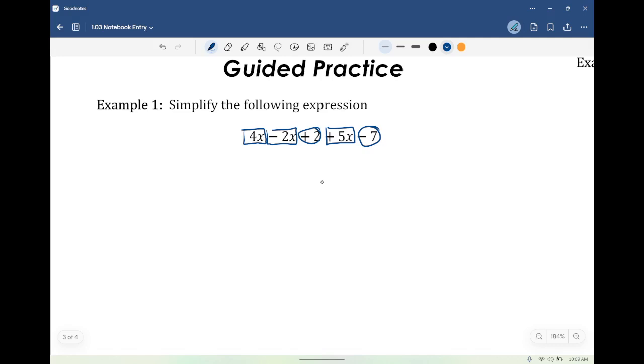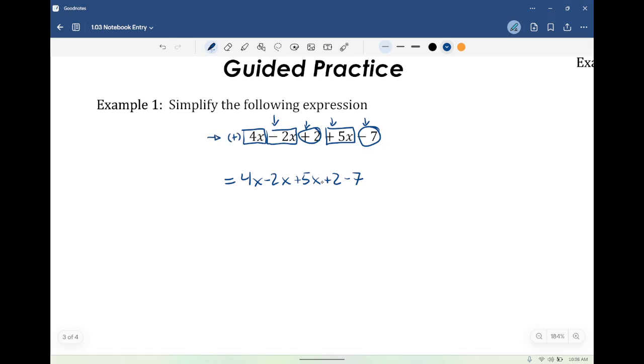And so the first thing I'm actually going to do is just rewrite this so that my like terms are next to each other. 4x minus 2x plus 5x plus 2 minus 7. Now, notice that for signs, I always take the sign to the left of the value. What that means for our first term, if there is nothing there, assume positive.